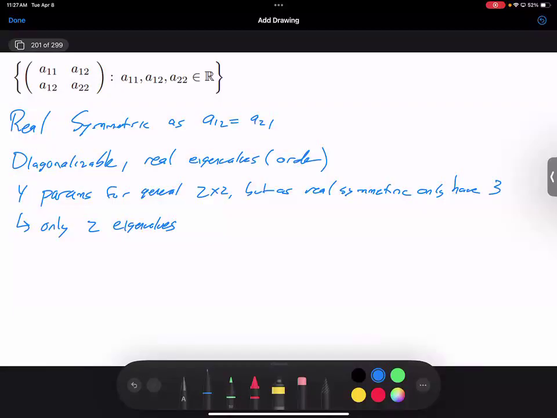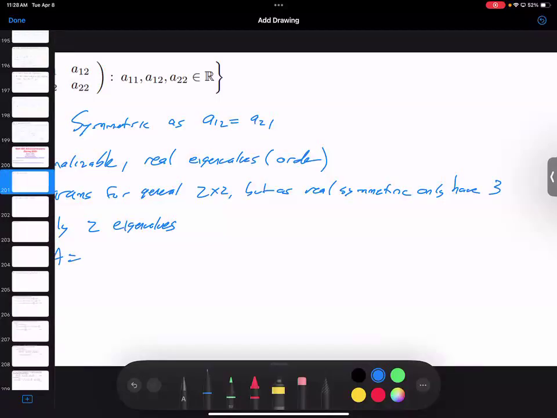It's the similarity transformation. I always forget which way we want to do this, so I'll cheat and look ahead.